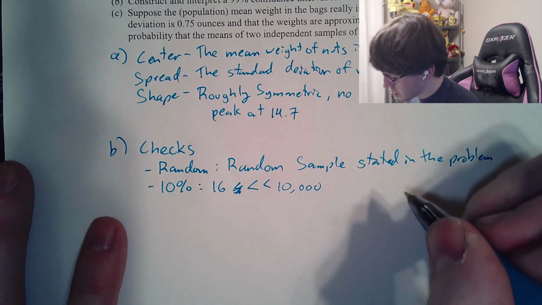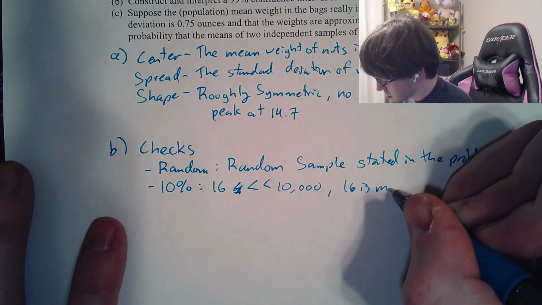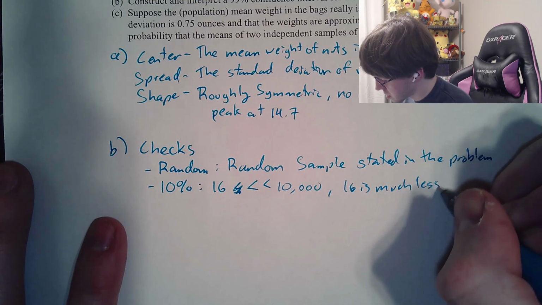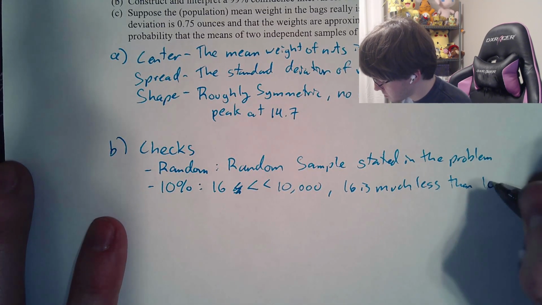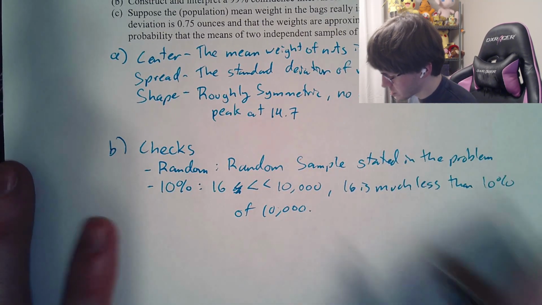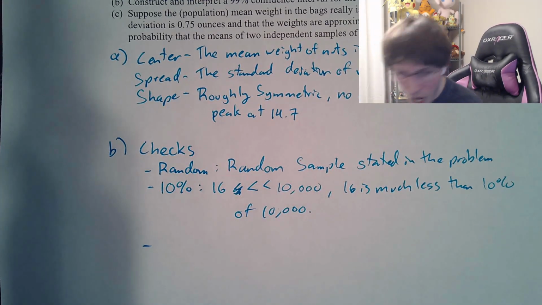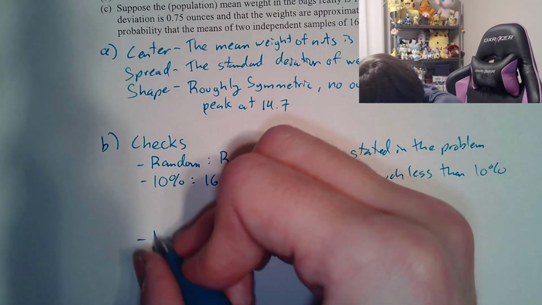And you could even do something like that. 16 is much less than 10% of 10,000. You actually don't even need to show any math, but if you want to say 16 is less than 1,000, that's fine. I don't care. I'm done writing this.